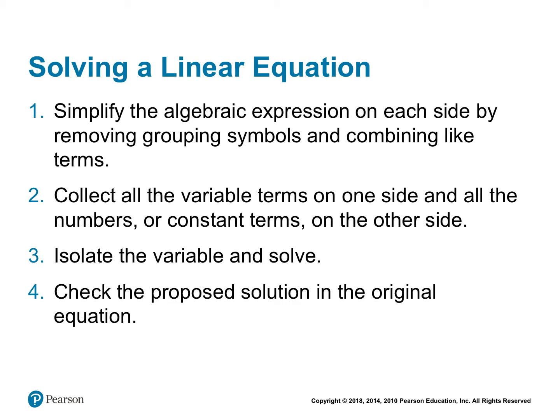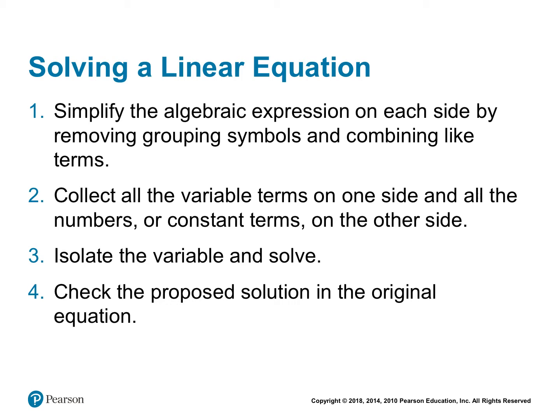And again, these are those steps. The first step, you would remove any grouping symbols and combine like terms. The second step, you're going to collect all the letters or variable terms on one side and then put all the numbers on the other side.